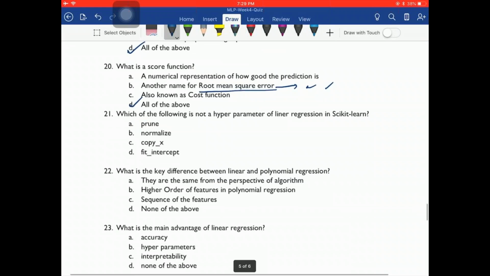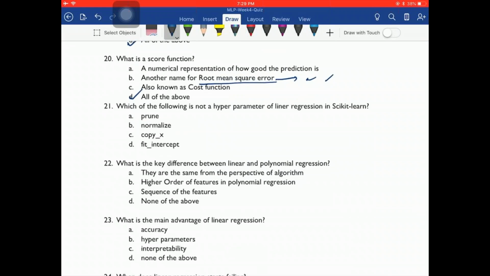Which of the following is not a hyperparameter of linear regression in scikit-learn? Okay, this is interesting.